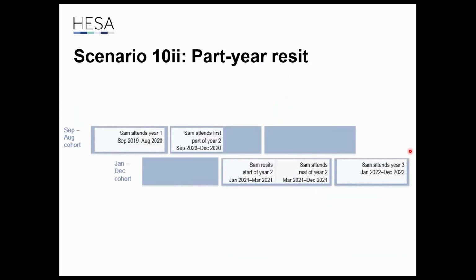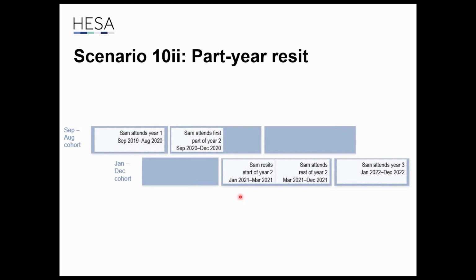So the next one is a slightly more complicated resit. This is a part year resit. Sam, in this example, attends the whole of the first year. She then starts part of the second year and maybe fails her exam in December, perhaps, and then wants to restart that bit again and then carry on.